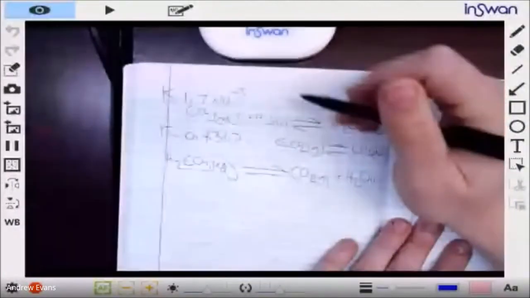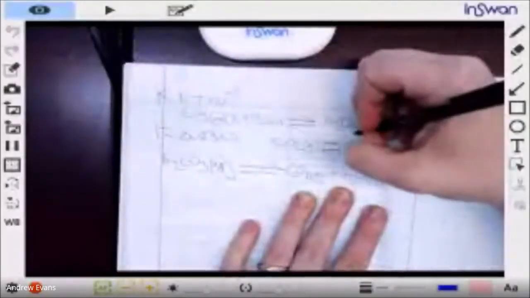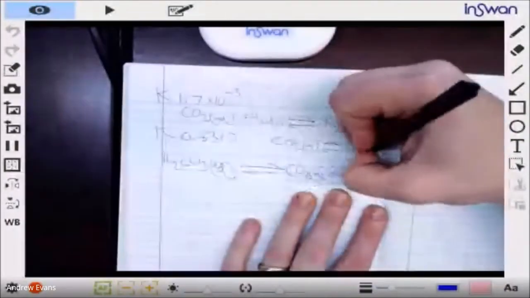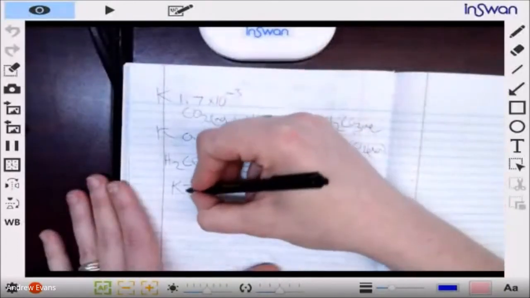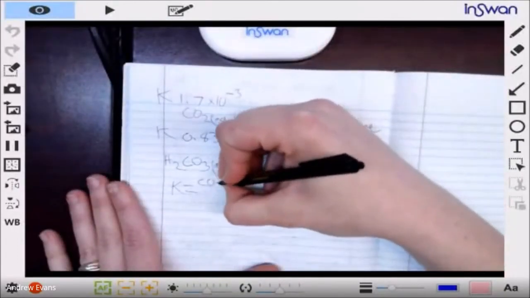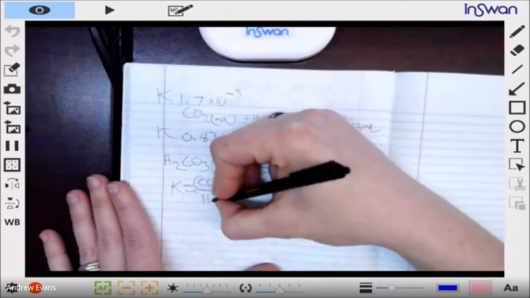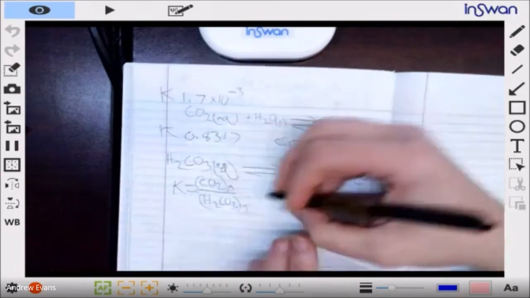Well, the K equation is, so we have the K for the reverse reaction, and we have the K for this reverse reaction. So we're essentially setting this up. Our K is our CO2 gas over our H2CO3 aqueous.